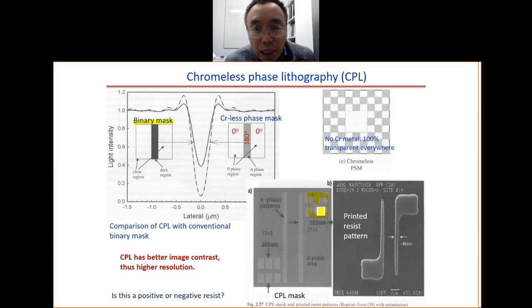So in the end, the light sees the average. When you have the average, the light will cancel out, so you have no exposure here. For very narrow lines, you just put a thin stripe. Then you see the same thing: the light cancels out, and you get the line here.